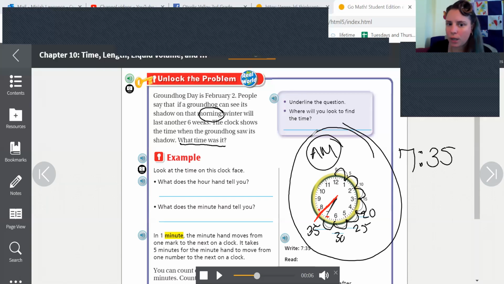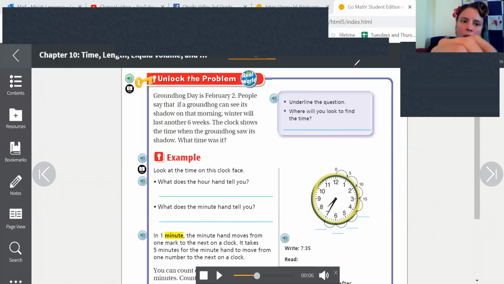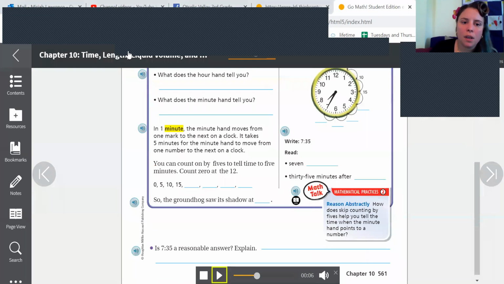So let's go through our worksheet. What does the hour hand tell us? 7. What does the minute hand tell us? 35, okay? In 1 minute, the minute hand moves from one mark to the next on the clock. It takes 5 minutes for the minute hand to move from one number to the next on a clock.